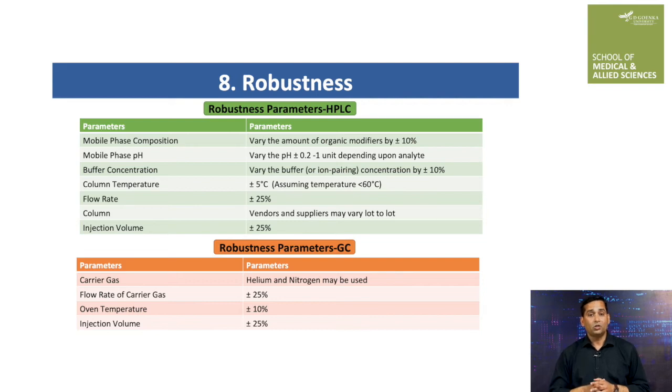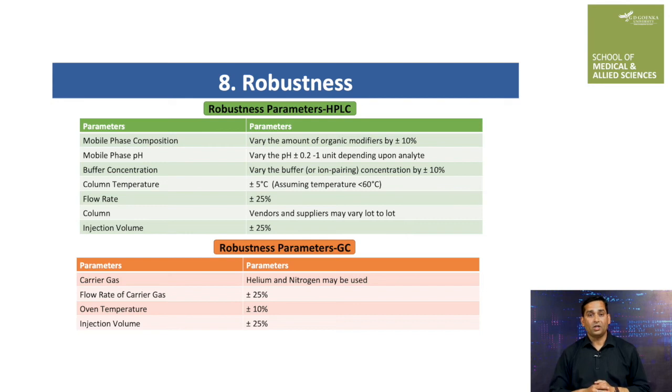The upper table shown in the slide presents operating parameters of HPLC for robustness. For example, mobile phase composition, which may be varied plus minus 10%. Mobile phase pH can be varied from 0.2 to 1 unit.